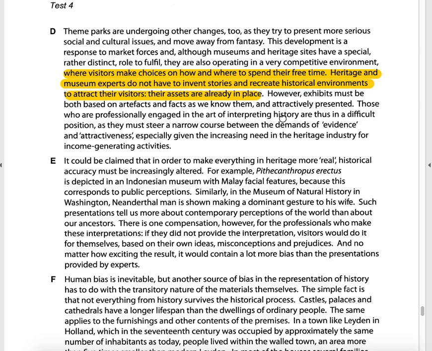Those engaged in the art of interpreting history are thus in a difficult position, as they must steer a narrow course between the demands and attractiveness, especially given theme parks. So here it's talking about heritage sites, theme parks.